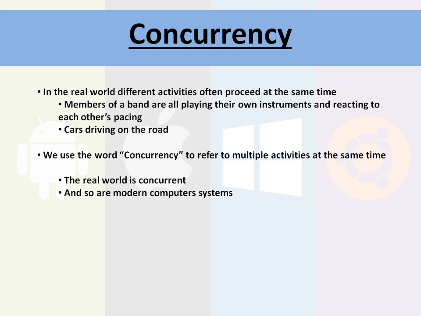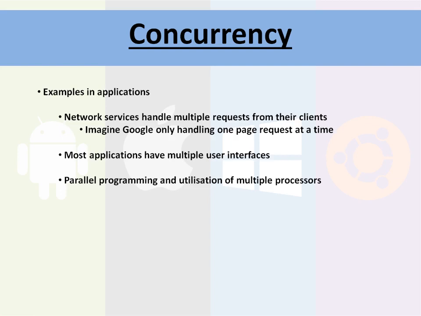Now, just like the real world is concurrent, so are modern computer systems. Some example applications of concurrency in computer systems are network services, for example. They handle multiple requests from their clients. And you could think, well, this is definitely obvious. Now imagine Google only handling one page request at a time. So if I open up Google and I try to search something, I'm put into some extremely long queue, while other pages are being sent out to other users, right?